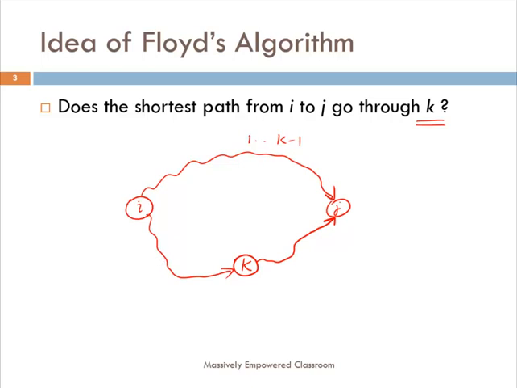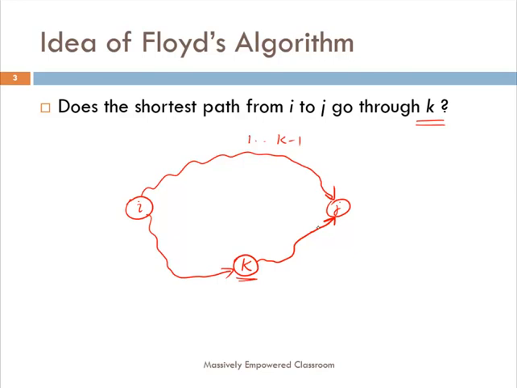The principle of optimality in dynamic programming says, if the shortest path from i to j in fact goes through the node k, then the path from i to k must also be a shortest path from i to k, and the path from k to j must also be optimal. That is, that must also be the shortest path from k to j.